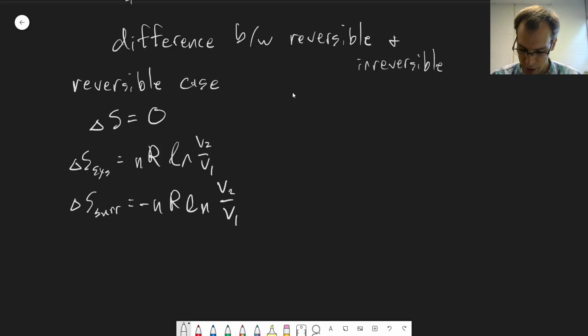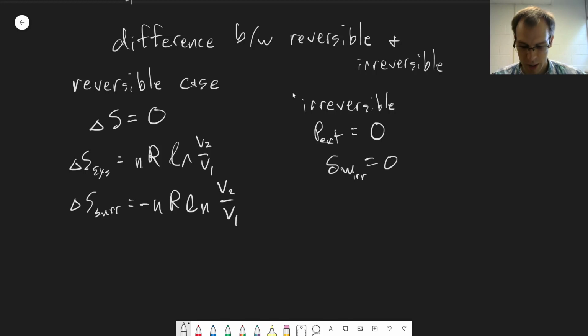In the irreversible case, if we let the gas expand against zero pressure, P external, rather than balancing out the whole time, is just going to be equal to 0. So we can say that dw irreversible is equal to 0, which also means that dq irreversible is equal to 0. There will be no heat transfer because the gas is expanding against zero pressure.